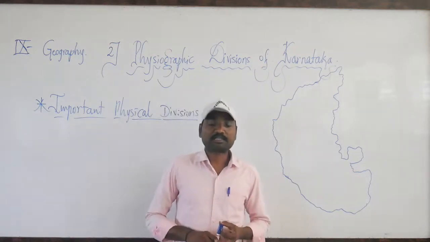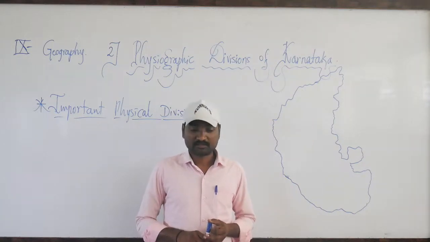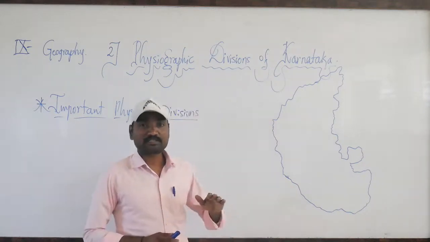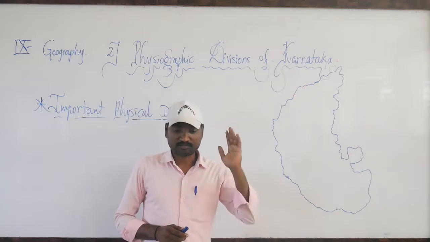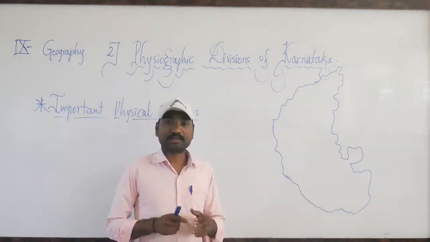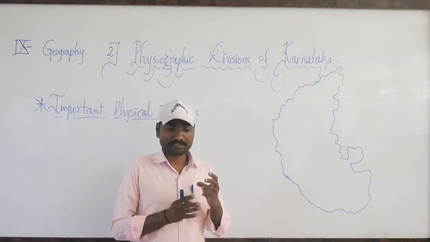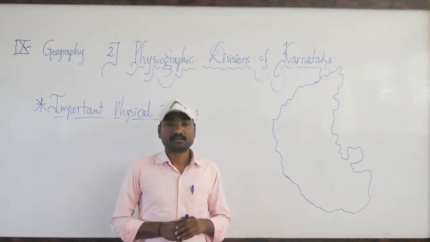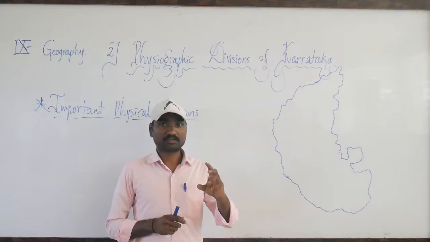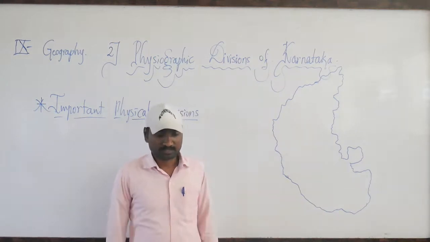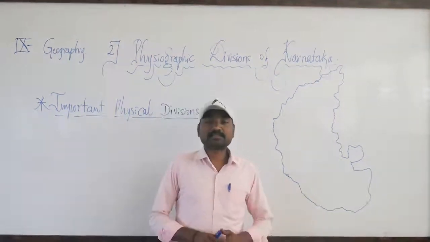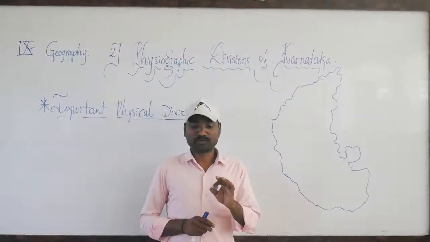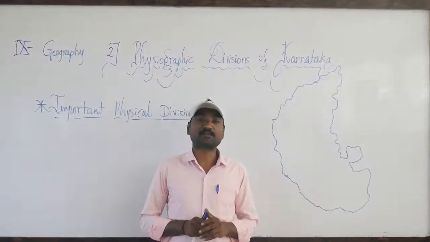The northern part is a vast plain. The land slopes slightly towards the eastern part of Karnataka, and is steep towards the western part. This is how Karnataka is formed, and it is about 405 to 900 meters above sea level.